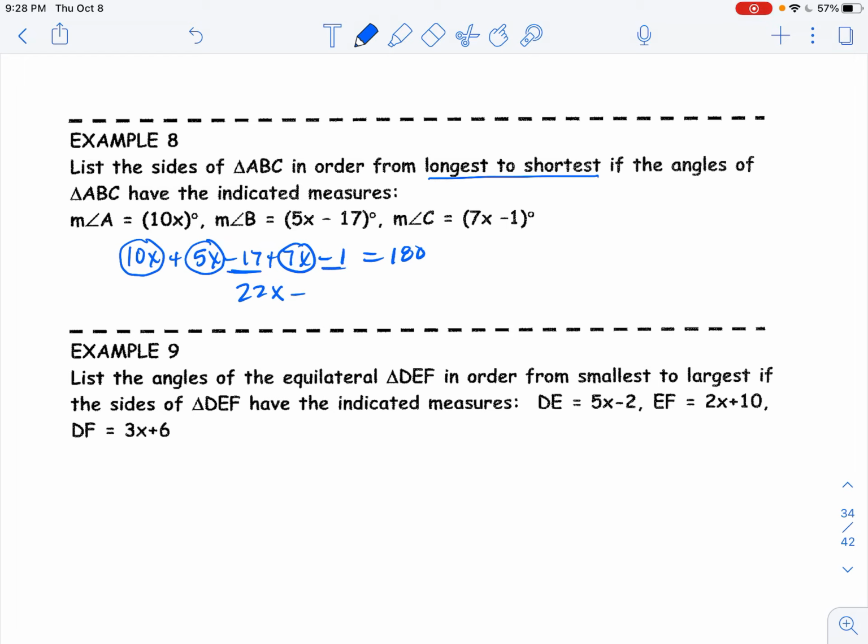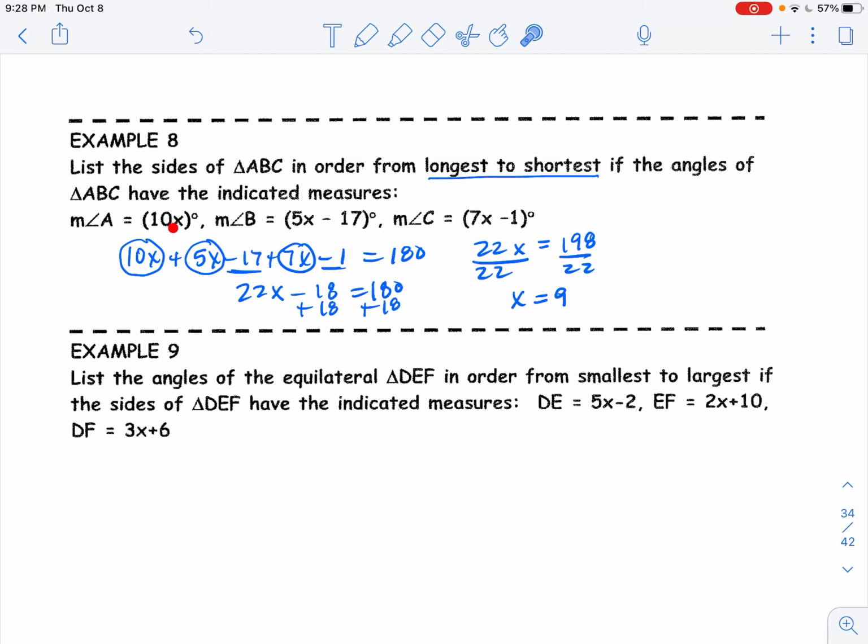Negative 17 minus 1 is negative 18. Let's add 18 to both sides, and we have 22x is equal to 198. If I divide both sides by 22, x is going to give you 9.